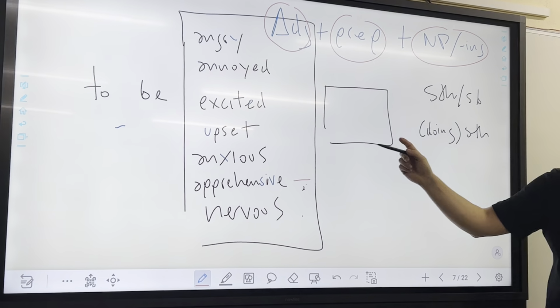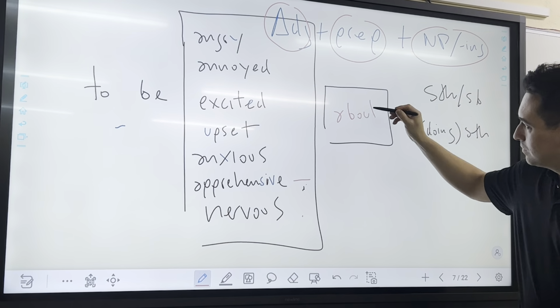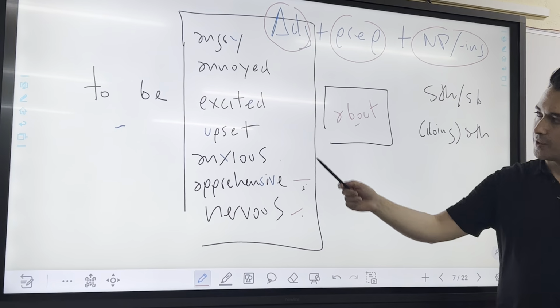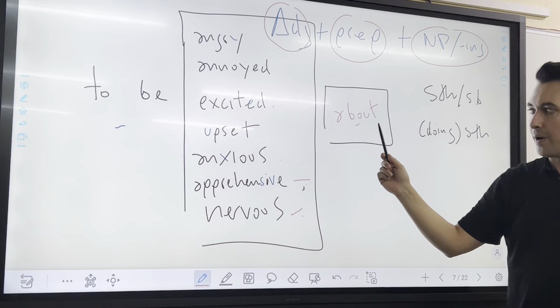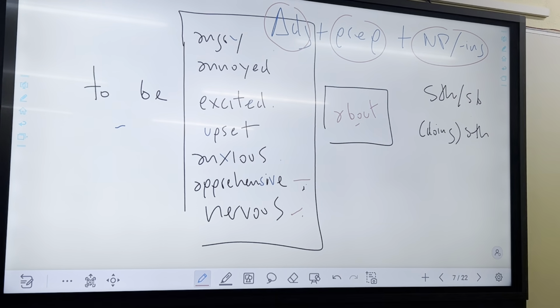To be nervous, something. What is the best preposition there? About. Yeah, I agree. Nervous about something. Anxious about something. Excited about. Angry about. Remember this pattern, yeah? Adjective, about.